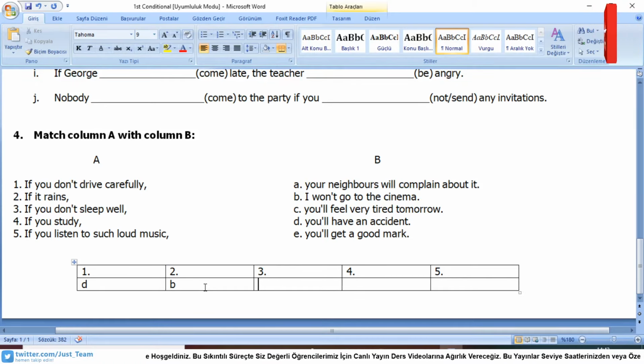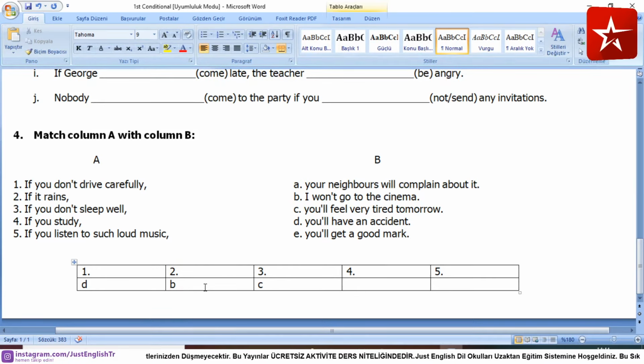Great. Okay, number three. If you don't sleep well, for example, if you sleep for 2 hours. Which one? Yes, number three is C.